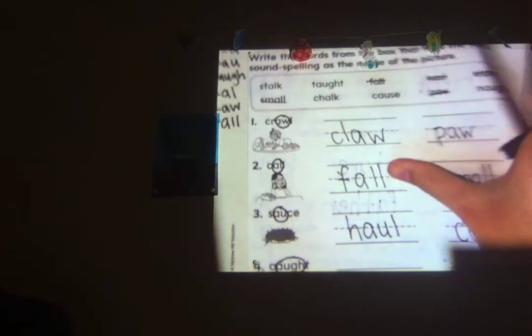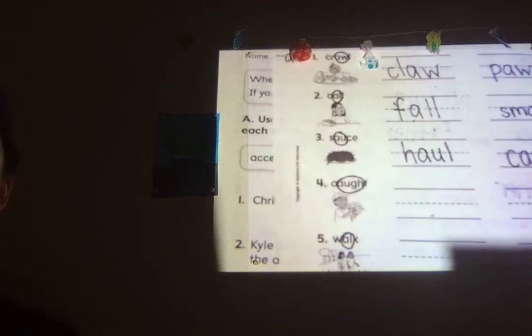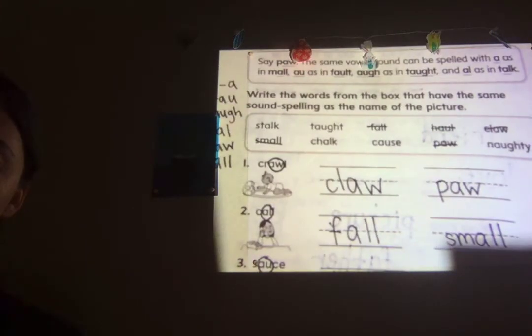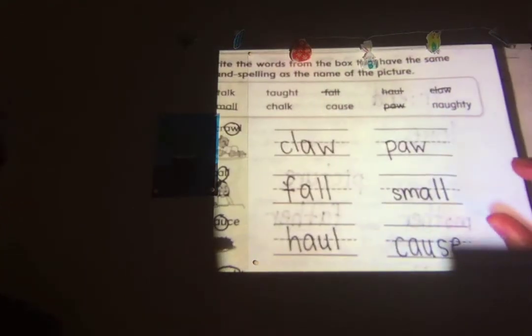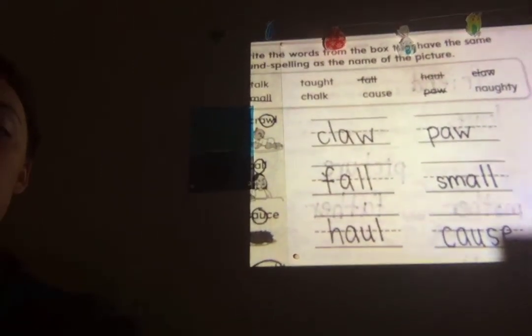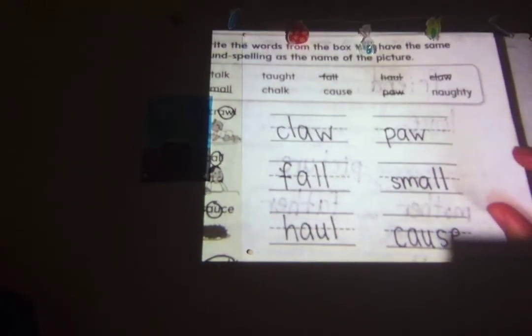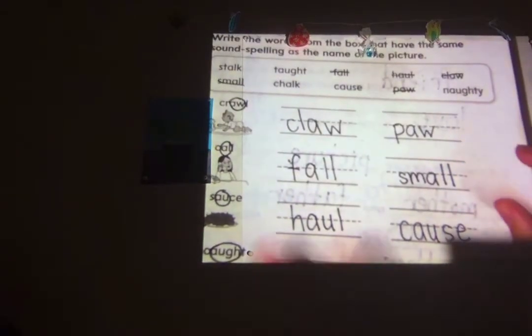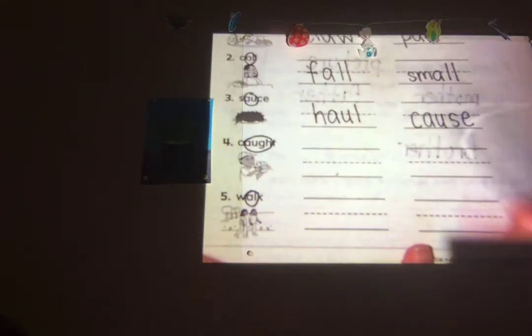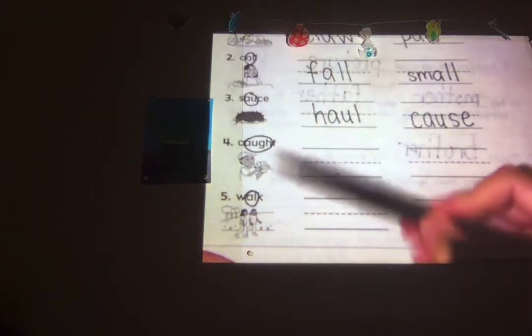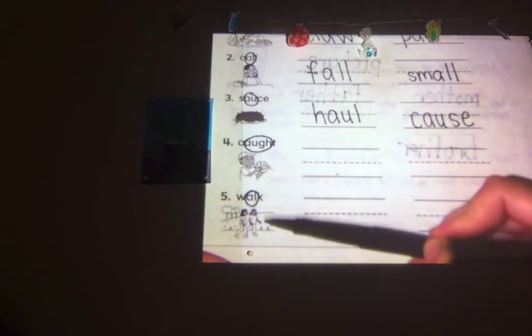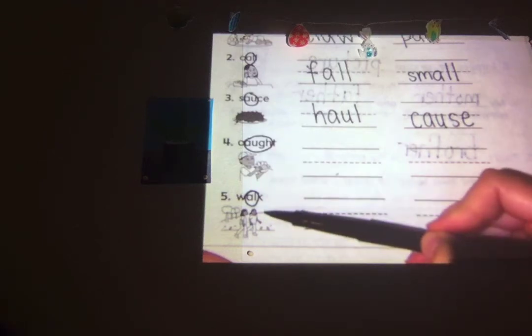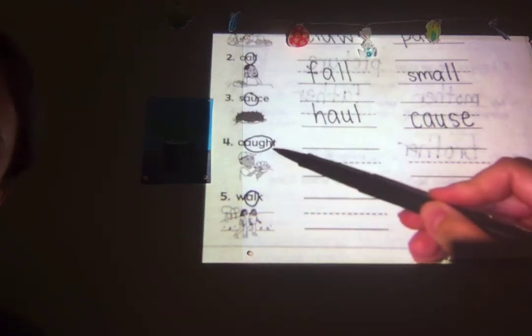Your job is to take a look at numbers 4 and 5. Well, first of all, you're going to copy down what I have on this page. Okay, copy down what I have. Get that little shadow out of the way. Oh, maybe I can't. Never mind. You're going to copy down what I have. And then for numbers 4 and 5, you're going to figure out what letters they use to make the aw sound. I even circled it for you.